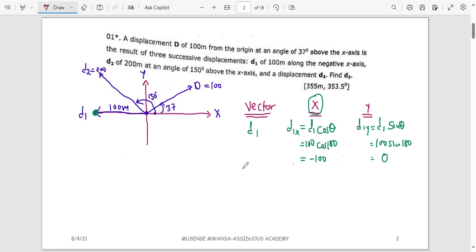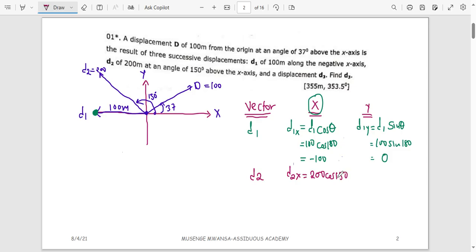We are going to go to vector d2. We also break it into components. It's the same. We're going to find d2x. Since I've already written the formula on top, I'll just say d2x is given by the magnitude of d2. D2, you can see that is 200. And then cosine the angle. The angle, we said that is 150.